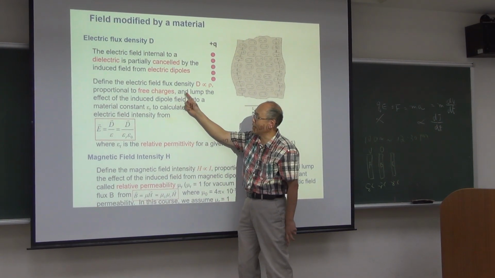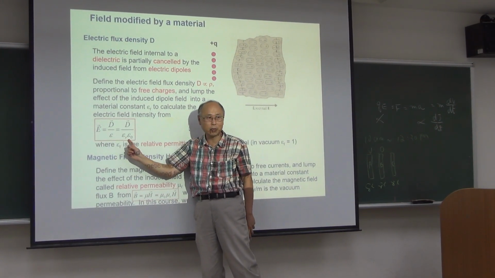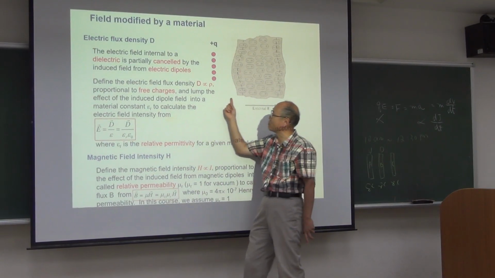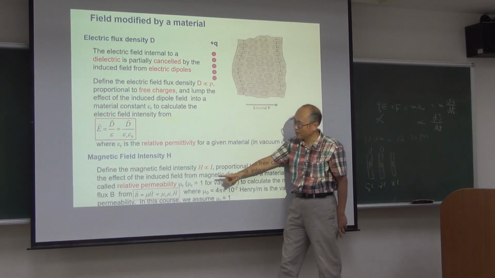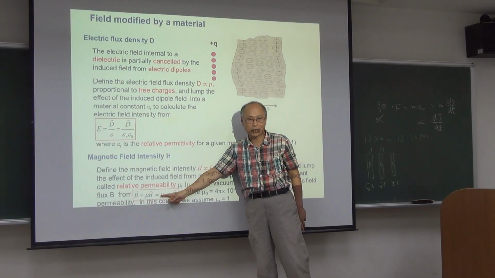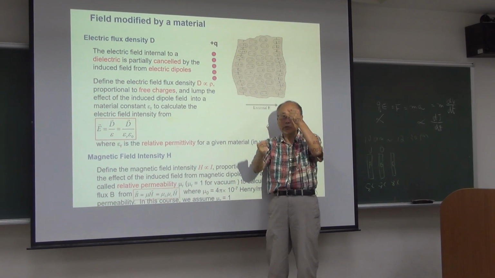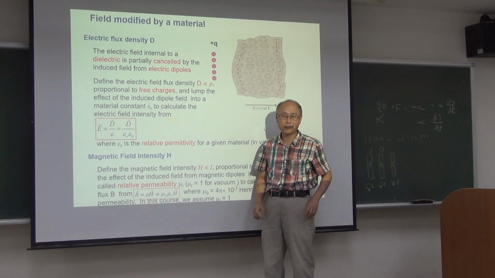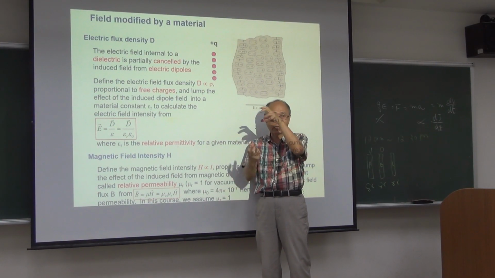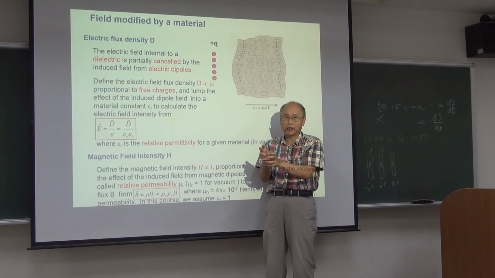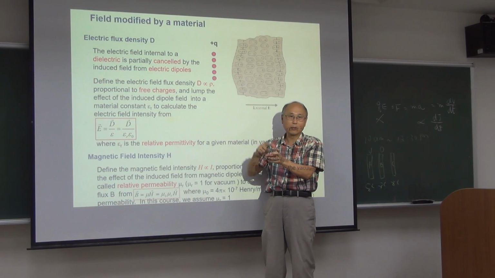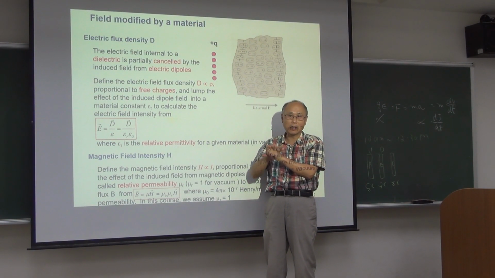Okay. For this case, the electric field is reduced because you depolarize the material. But for magnetic flux density, the effect is just the opposite. You reorient this small magnetic dipole so that all the magnetic flux density will add up to an even stronger value.